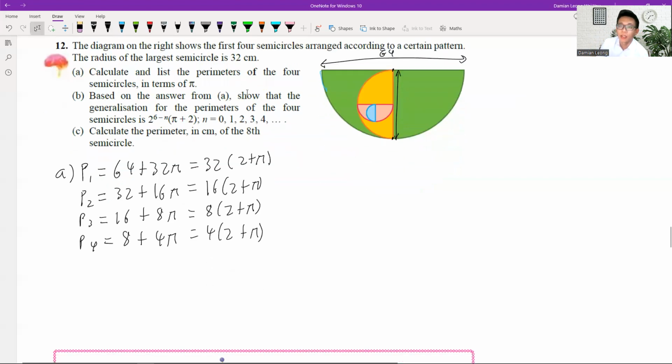So part B, based on the answer from part A, show that the generalization for the parameters of the 4 semicircles is this.